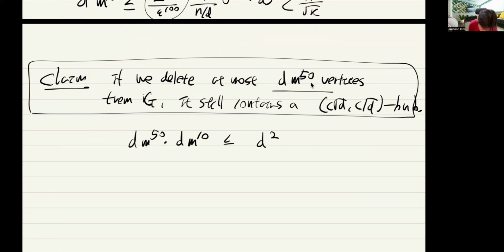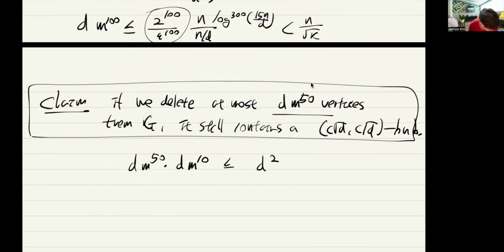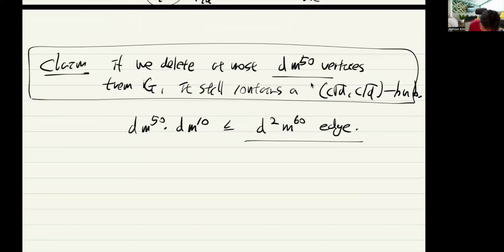So we have deleted, give me a moment, yeah, this many edges. But in the original graph, how many edges were there? D times N edges. And this is bigger than what? D squared times M to the 100.